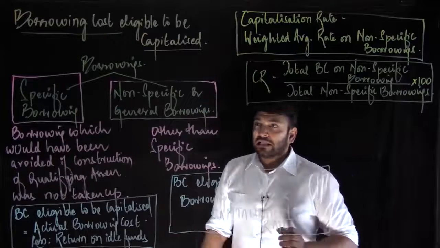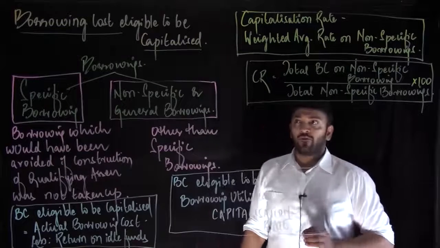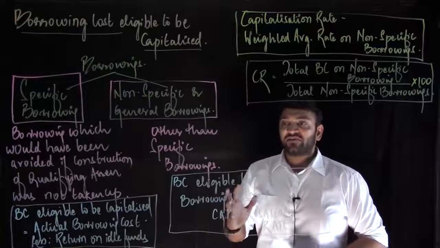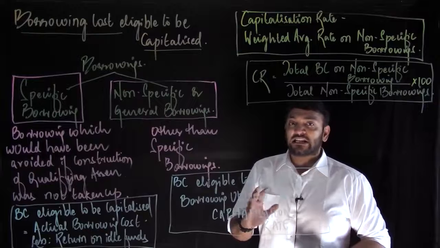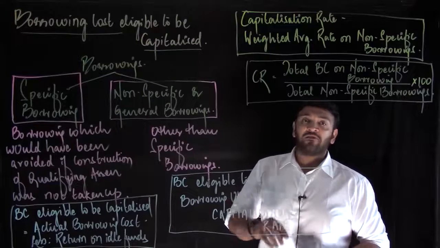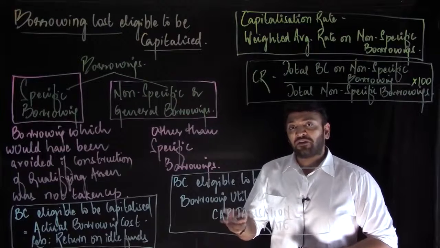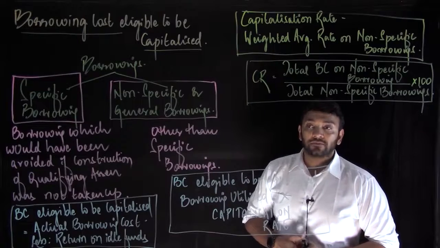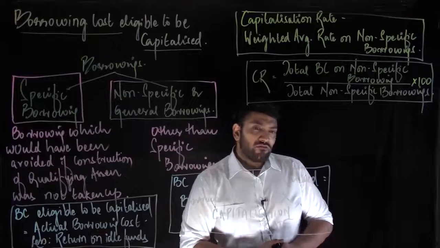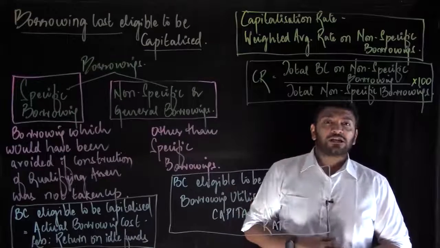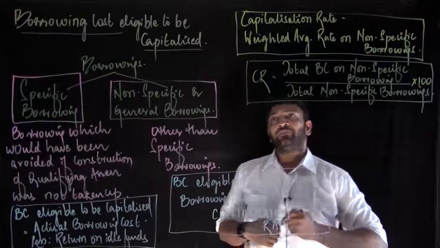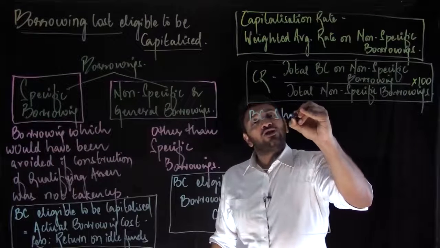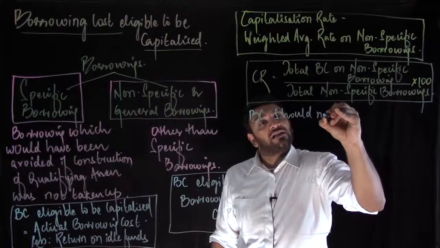Got it? So this will conclude the concept of borrowing cost which is eligible to be capitalized. We have divided them into specific and non-specific borrowing, and each such borrowing has a different way of measuring the amount of borrowing cost eligible to be capitalized. Now, we will discuss another small concept out here where we say that borrowing cost should not be capitalized.